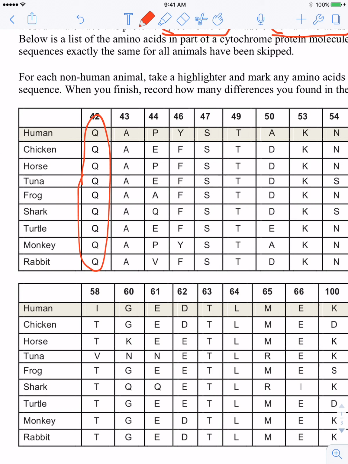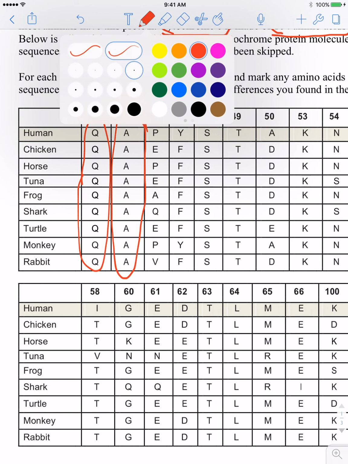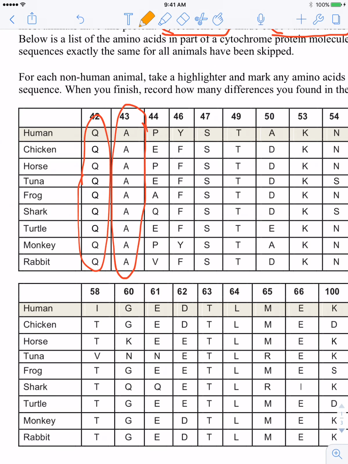If we go to building block number 43, or amino acid 43, we look okay in this one. But then things start to get a little tricky in 44. If we look at the chicken, instead of having a P amino acid, it has an E. Whoops, I'm sorry, I meant to highlight that. Instead of having a P, it has an E, which means that the chicken is different in one spot.